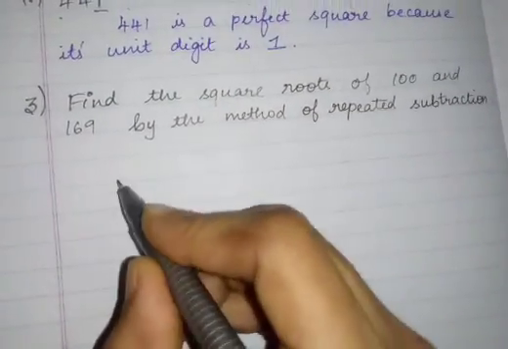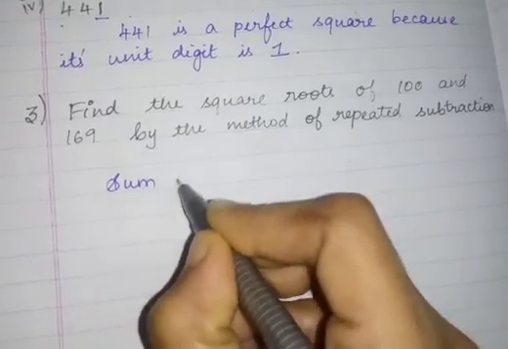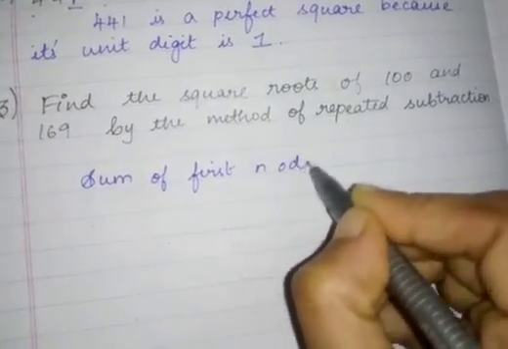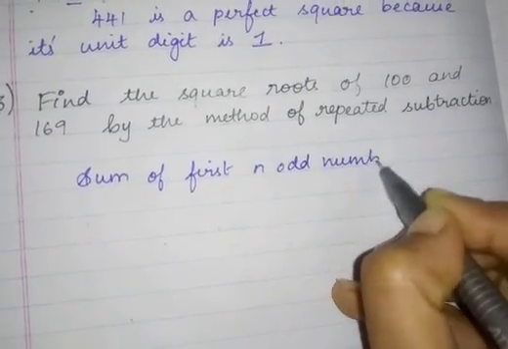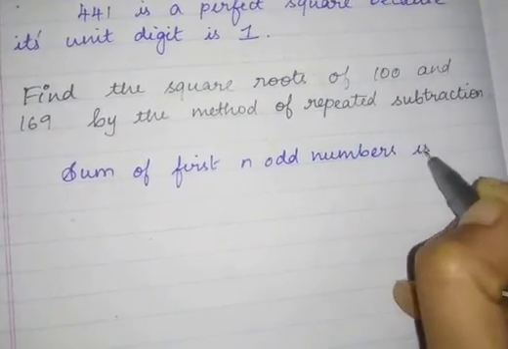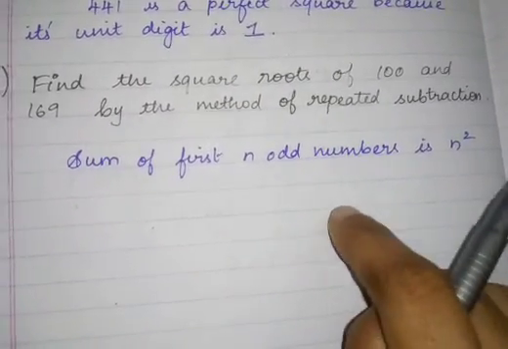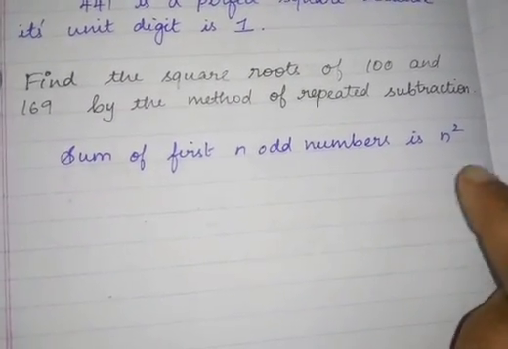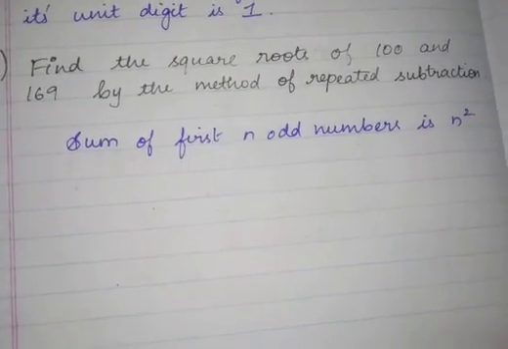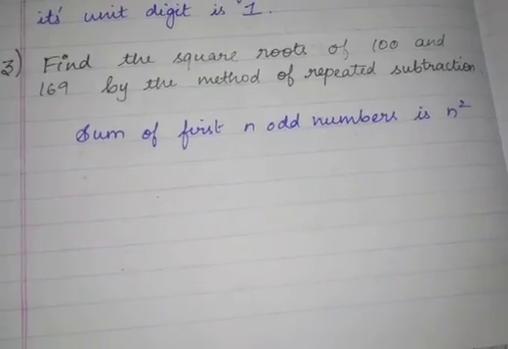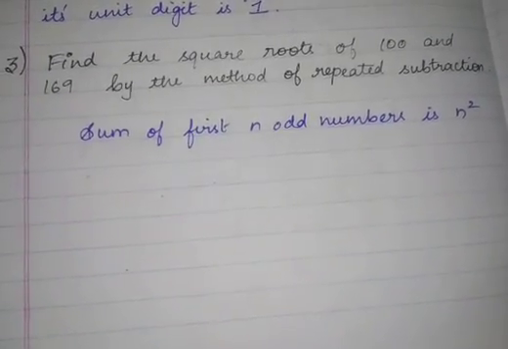You already know the sum of the first n odd numbers is n square, right? 1 plus 3 plus 5 plus 7 and so on up to n will always give you n square. 1 plus 3 is 2 square. 1 plus 3 plus 5 is 3 square.